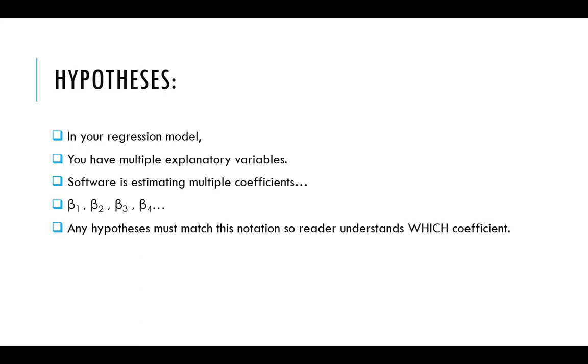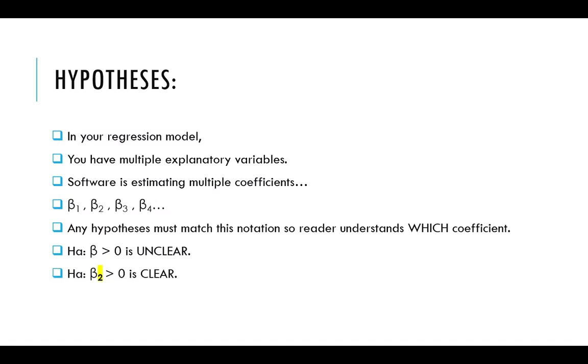So when you're crafting hypotheses, any hypotheses must match this notation so that the reader understands which coefficient that you're talking about. If you simply craft a hypothesis that says your alternative hypothesis is that beta is greater than 0, well, that's kind of unclear because you're estimating a whole series of betas, but they need to be named beta 1, beta 2, beta 3, beta 4, or something like that in your model, or beta, alpha, gamma, doesn't matter, but the notation needs to match.